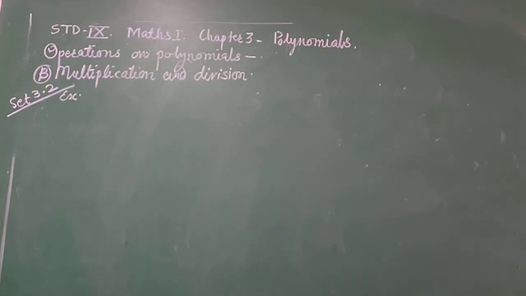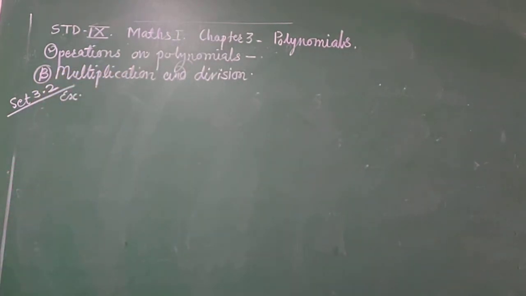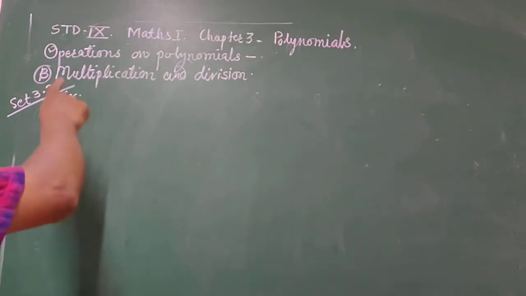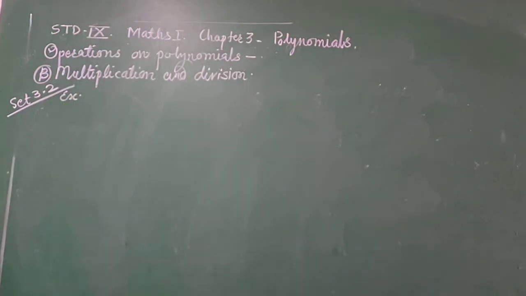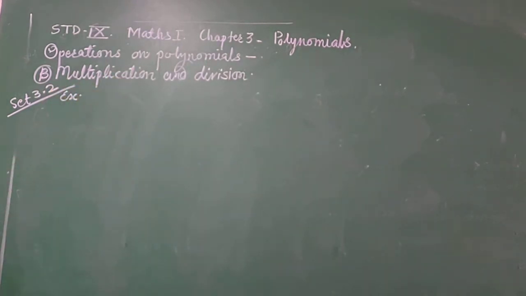Maths first chapter number 3, Polynomials. Unit from this lesson: Operations on Polynomials. Last period we studied addition and subtraction, and today we study multiplication and division.